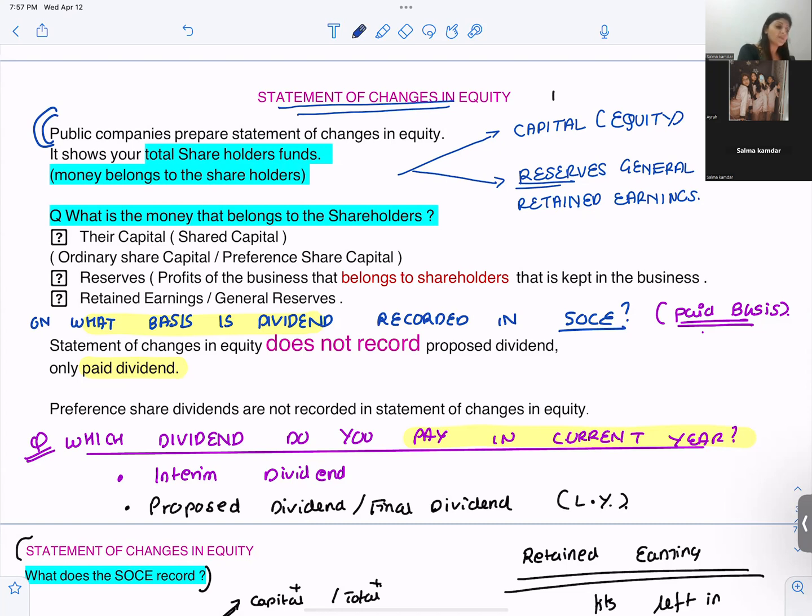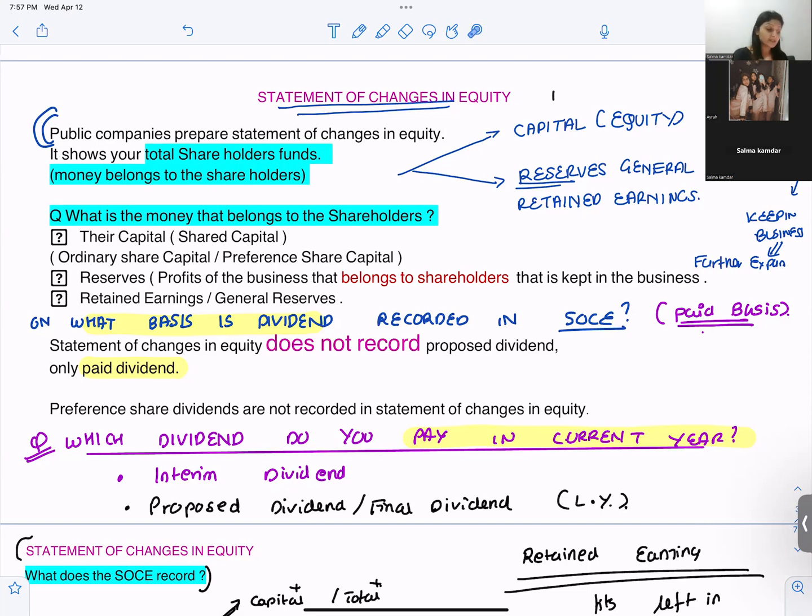In the form of dividend. And some part of the profits you keep in the business. Why do you keep this profit in the business? For further expansion.